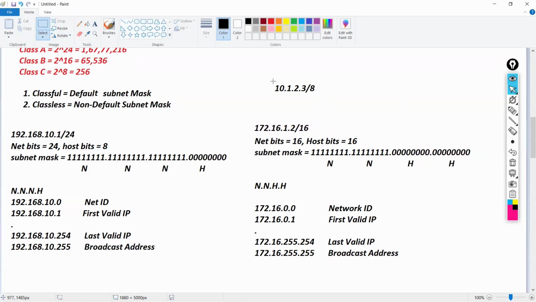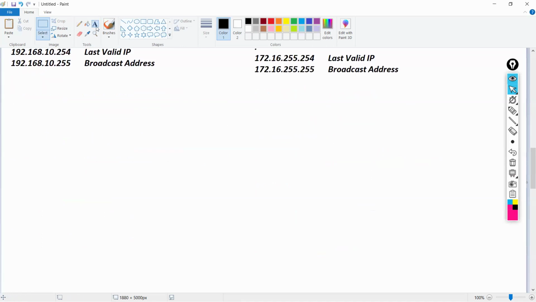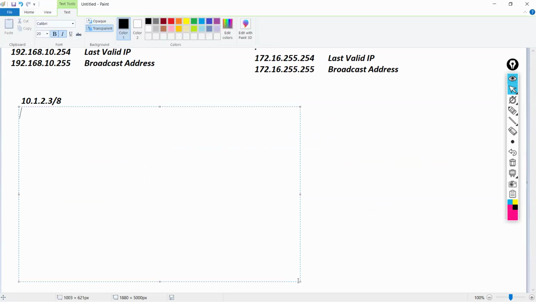The same thing we can try for class A also. Based on /8, network bits 8, host bits 24.